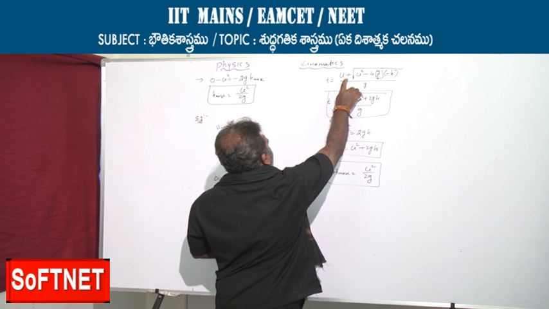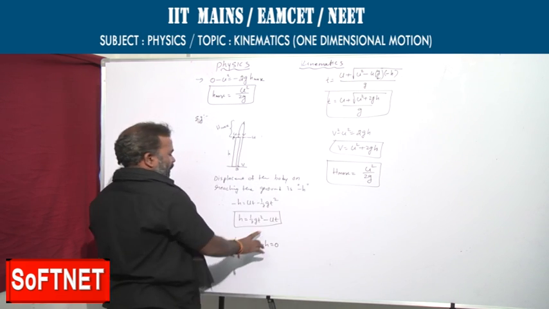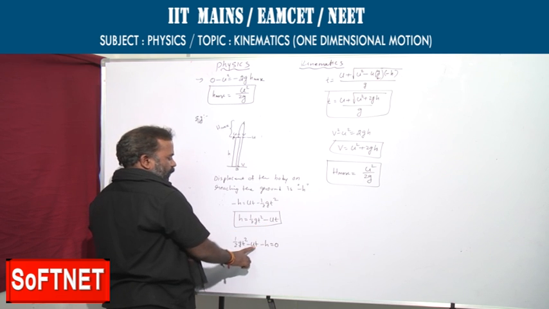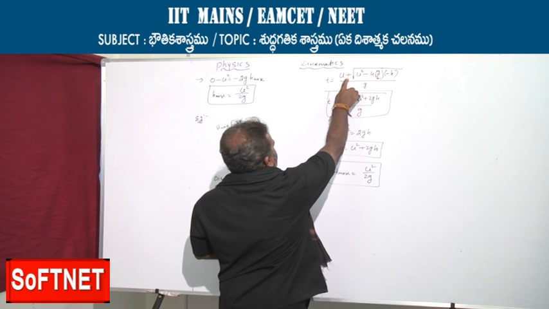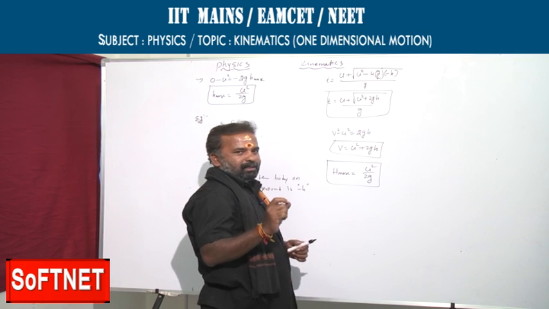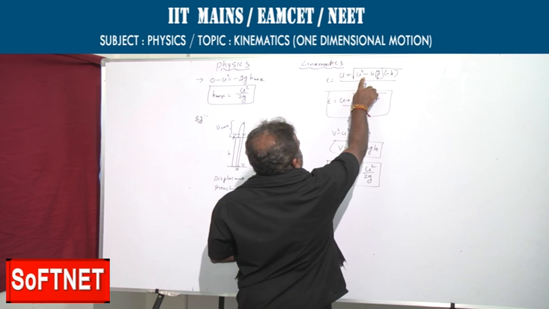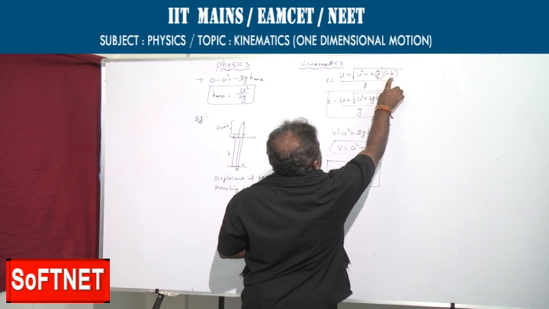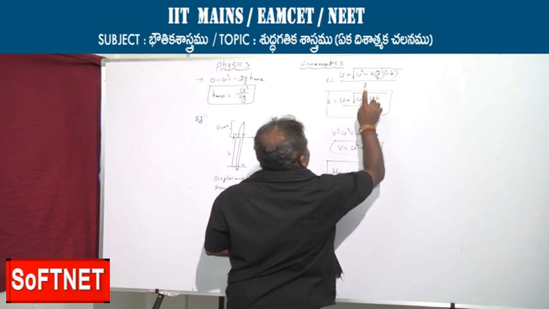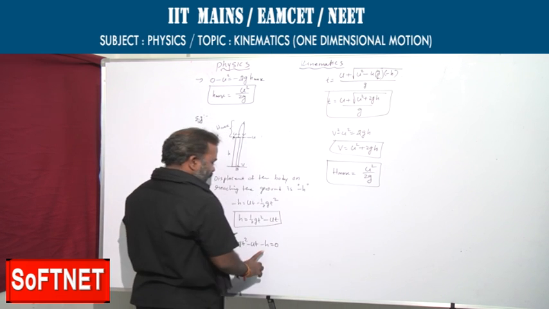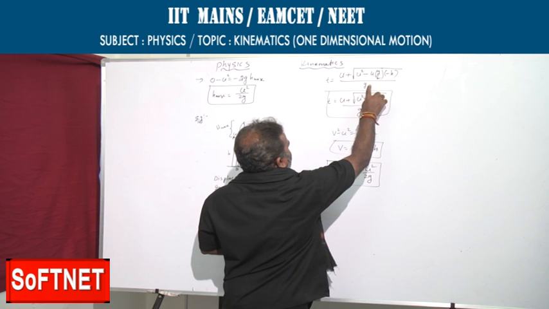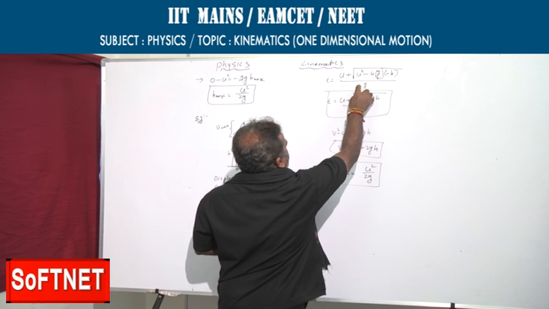Minus b means in the place of b we are having u, so minus of minus u, plus root of u square minus 4ac by 2a. I will not take the minus because time is taken as positive. A is g by 2, c is minus h. 2a, g by 2 into 2 gets cancelled, g is remaining.